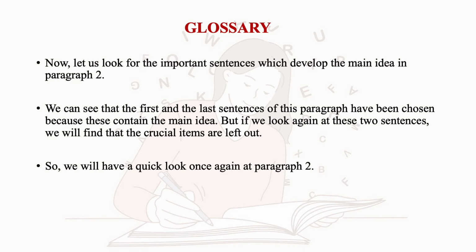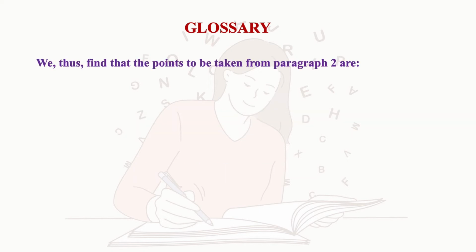We thus find that the points to be taken from paragraph 2 are: integrated pest management is a plan that contains several different methods to destroy insects and rodents.